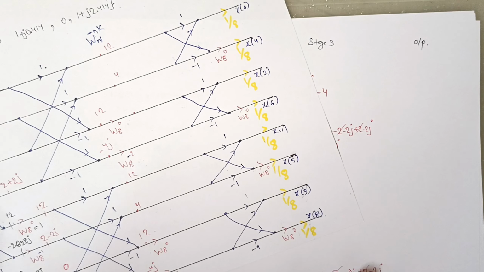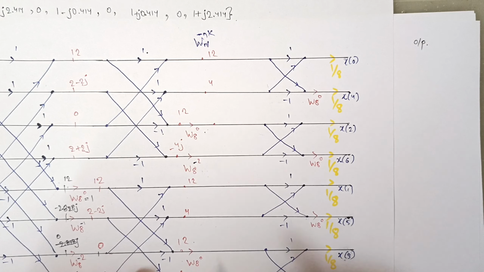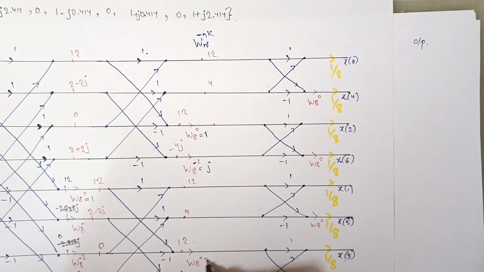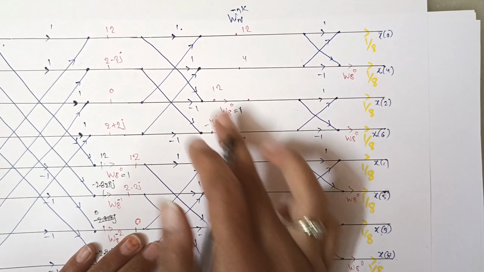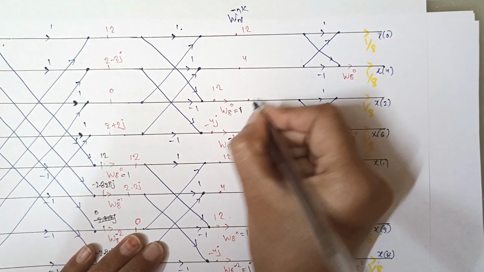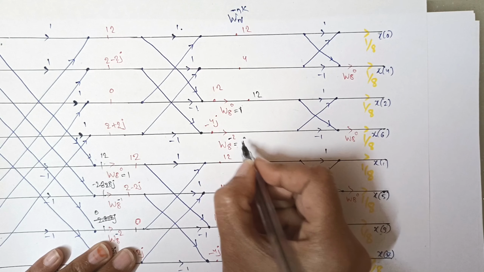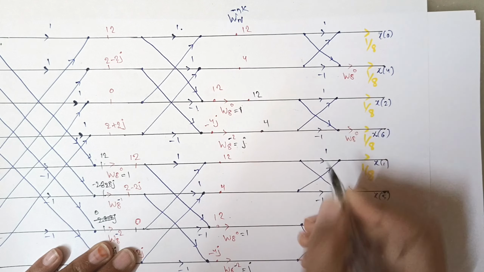So now let's multiply these two terms with the W value. So this is equal to 1 only, but this is equal to j, this is equal to 1, and this is equal to j. If we multiply anything by 1, it is the same, and if we multiply minus 4j by j, j squared will be minus 1 and it will convert it to plus 4j.